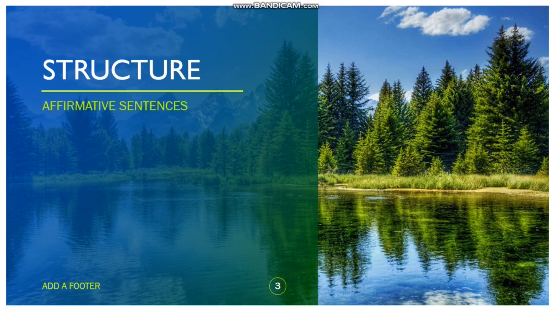Affirmative sentences are also known as positive sentences, and the structure of a positive sentence is subject plus auxiliary verb plus verb plus ing plus object. Verb plus ing is also known as the present participle of the verb. Here we use is, am, are, that is, the be form of the auxiliary verb.